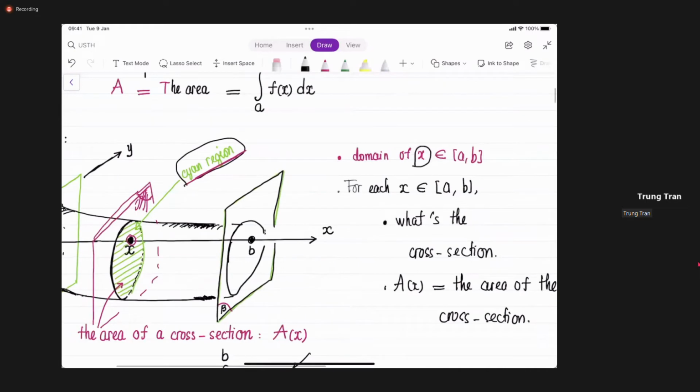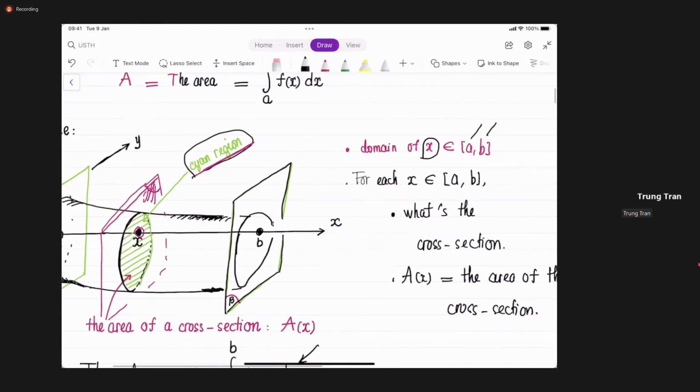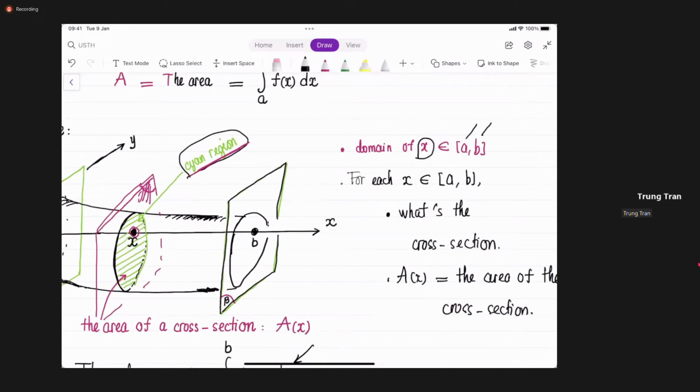You need to find what is a and what is b, and then for each x that lies between a and b, you need to figure out what the cross section is.